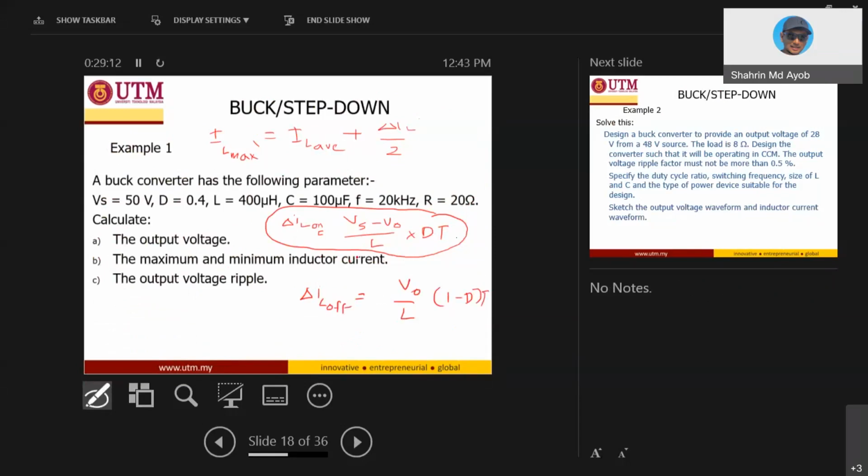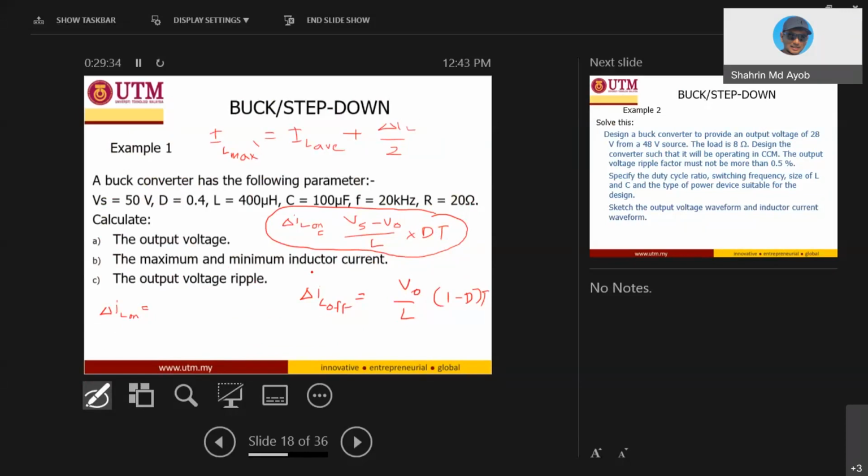So can you compute both delta IL on and delta IL off? You should get the same answer. Delta IL on dulu, berapa? Vs minus V out, 50 minus 20 over inductor 400 microhenry multiply with dt.